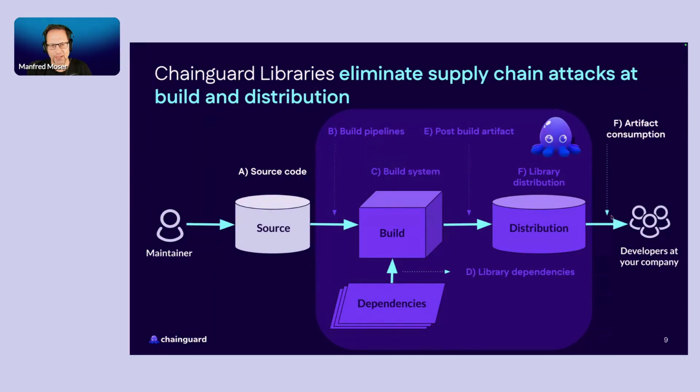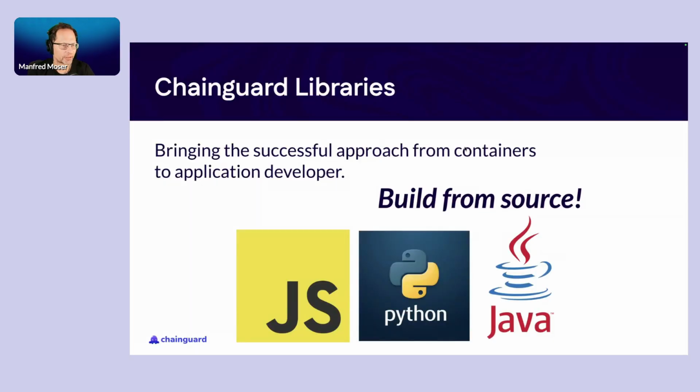We build from source, provide our own binaries straight to you in an authenticated manner. So all the supply chain attacks fall by the wayside and you don't have to worry about that.